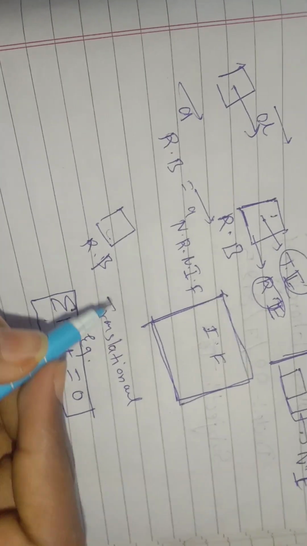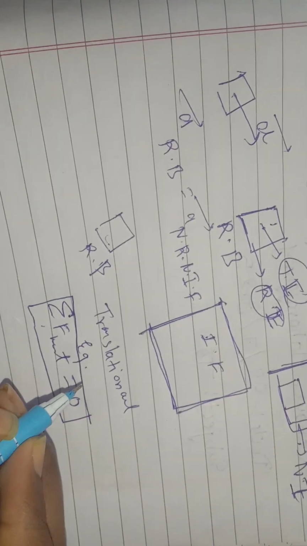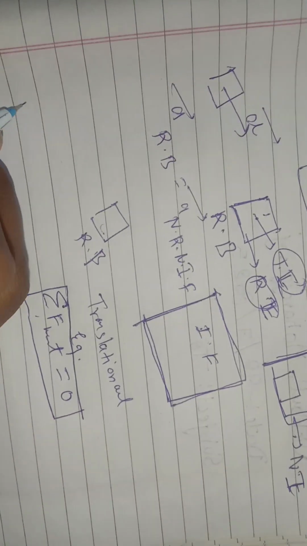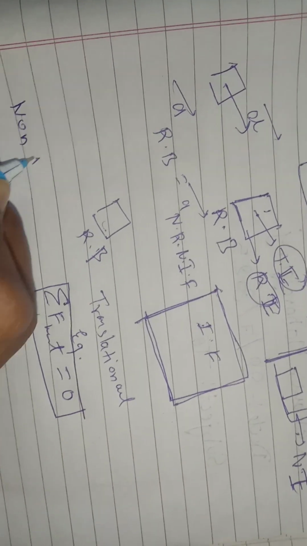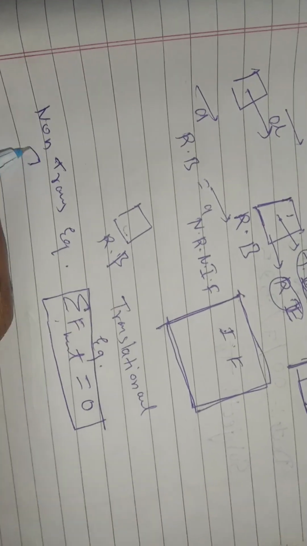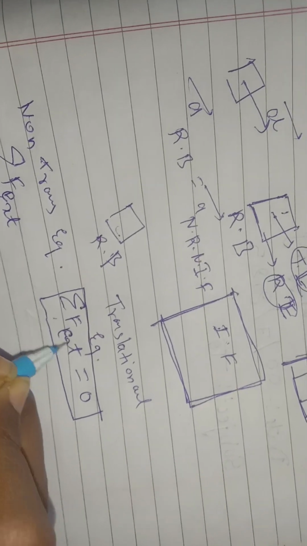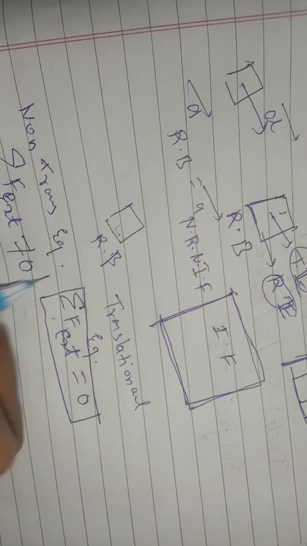Let's check why this is not in translational equilibrium. That means it has some force. That means it is non-translational equilibrium, that means the net external force should not be equal to 0.